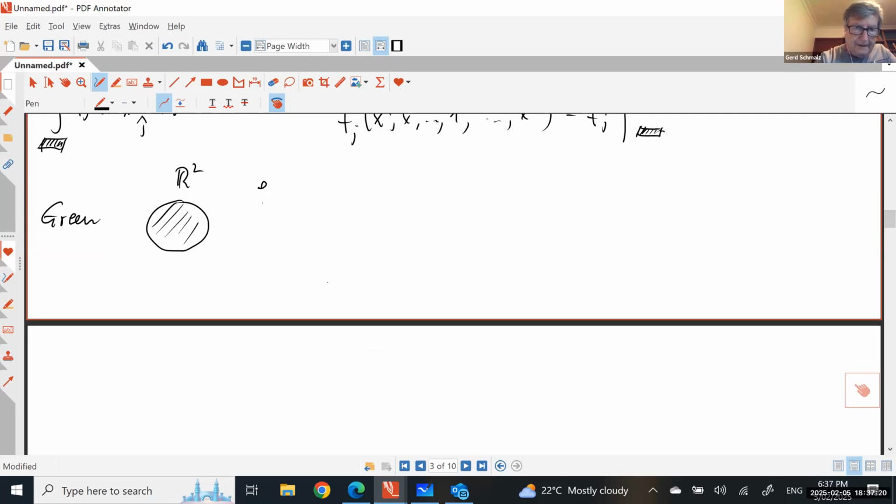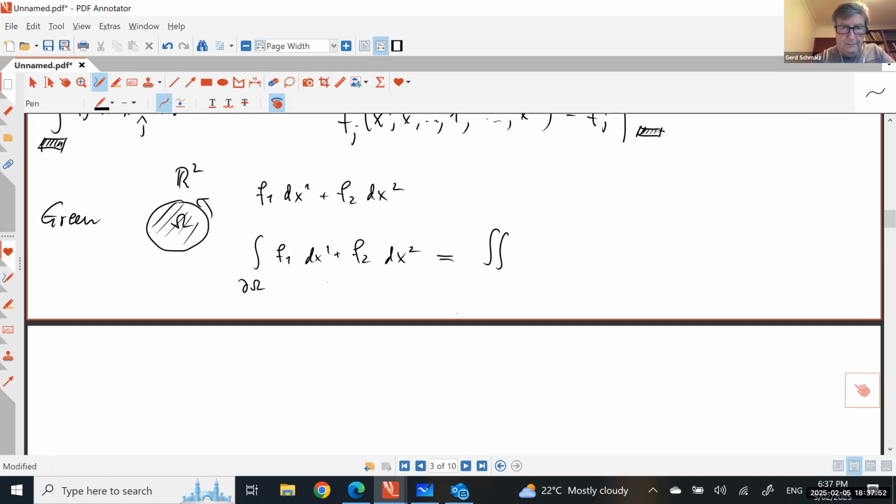We have a form f_1 dx_1 plus f_2 dx_2, and it claims that with our orientation the integral, let's call the domain omega, of f_1 dx_1 plus f_2 dx_2 is equal to the double integral inside of the exterior derivative, which is minus df_1/dx_2, the minus comes because I want to swap dx_1 and dx_2, plus df_2/dx_1.